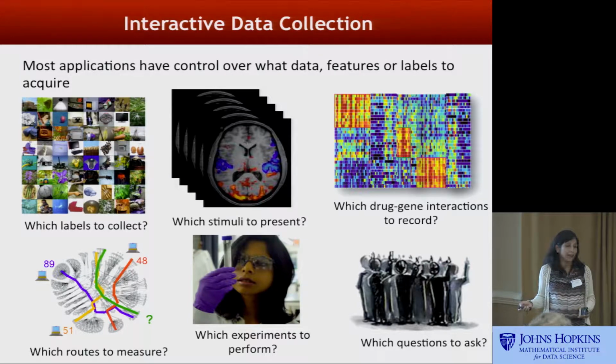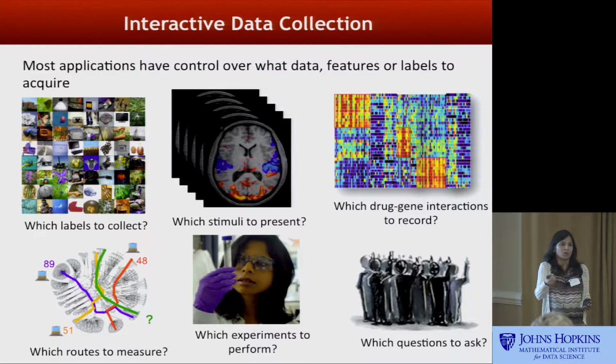Similarly, there are applications that I work on, two collaborations I have with neuroscientists and some material scientists. In the case of neuroscience, they're interested in understanding the brain. And anybody who's been in an MRI scanner knows it's not a pleasant experience. At least you can't be there for very long. So they are limited in how many stimuli they can present to you while you are in a scanner. And again, the question becomes which stimuli to present, right?